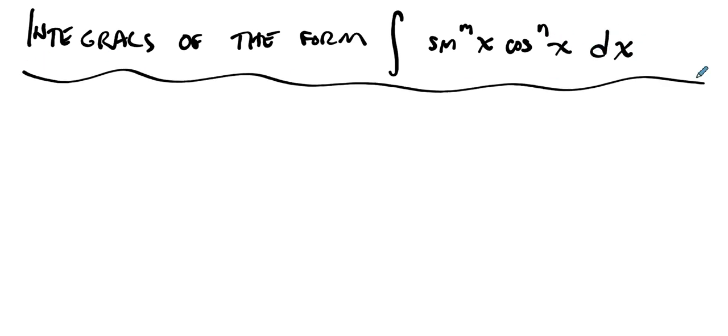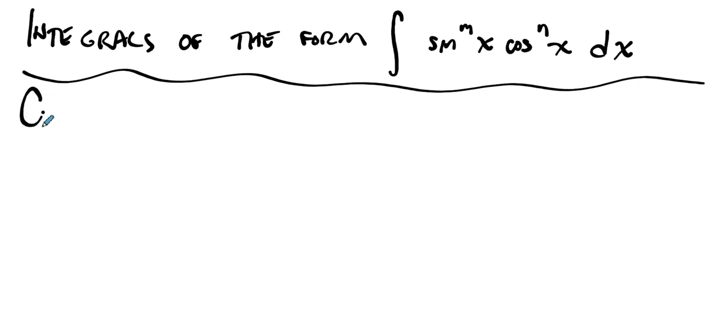There will be a separate screencast that'll deal with powers of tangent and secant, but in this screencast, we're going to look at integrals where sine is raised to a power and cosine is raised to a power.